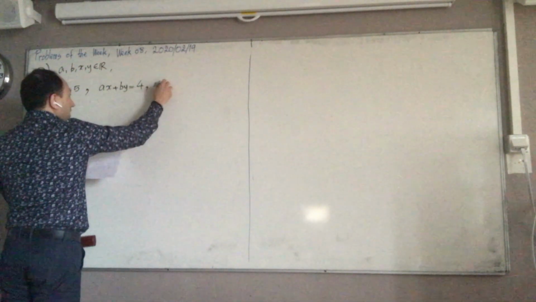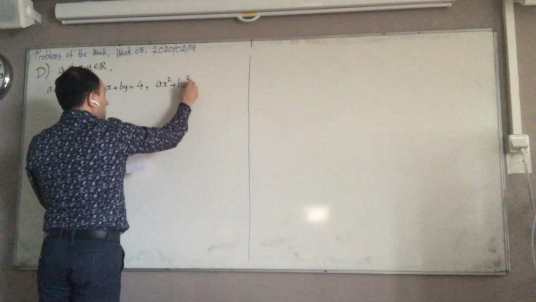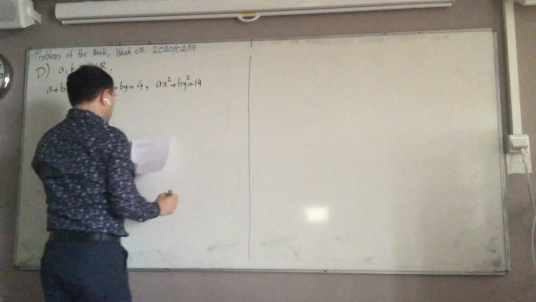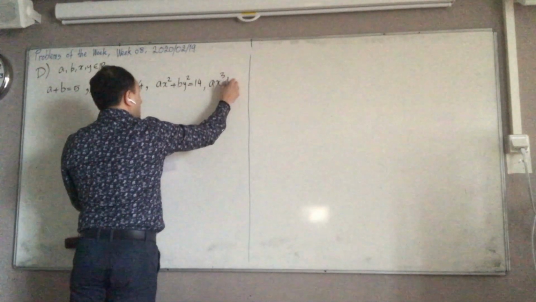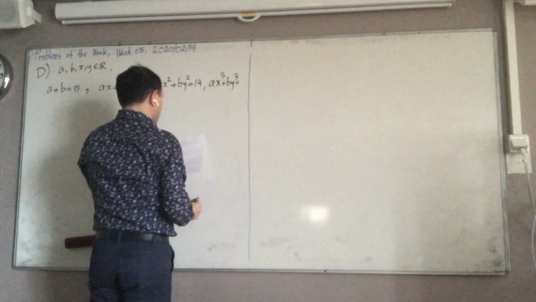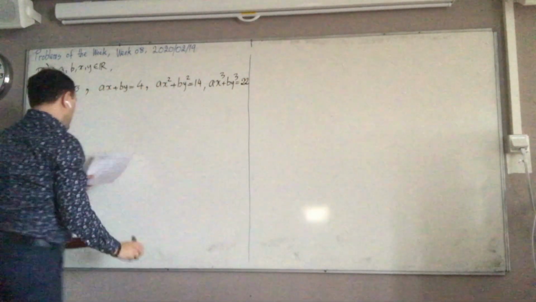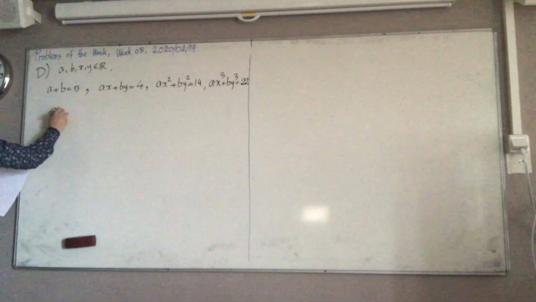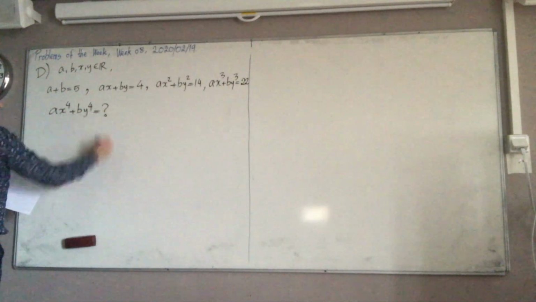I know that AX squared plus BY squared is 14. And I know that AX cubed plus BY cubed is 22. And then the question is, what is AX to the fourth plus BY to the fourth?